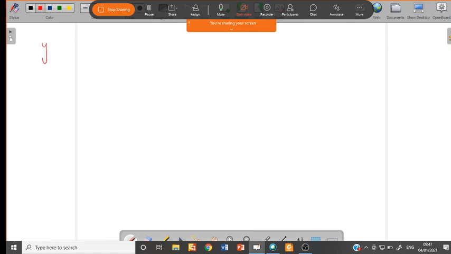That is y of n minus 1 by 4 into y of n minus 1, which is equal to 6 into x of n minus 7 into x of n minus 1 plus 3 into x of n minus 2.